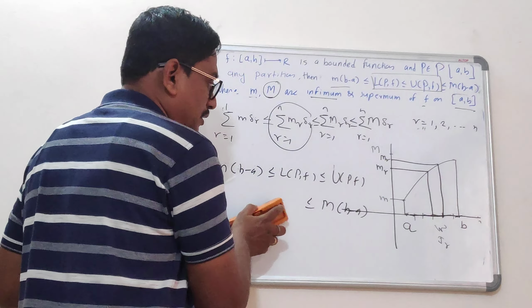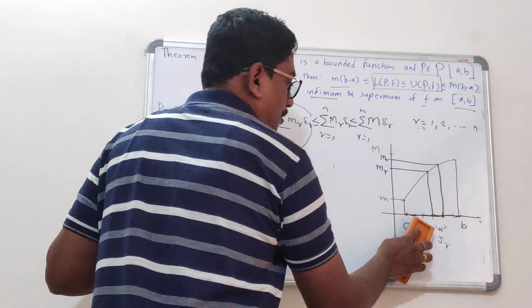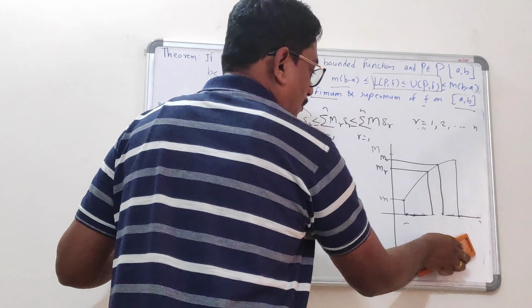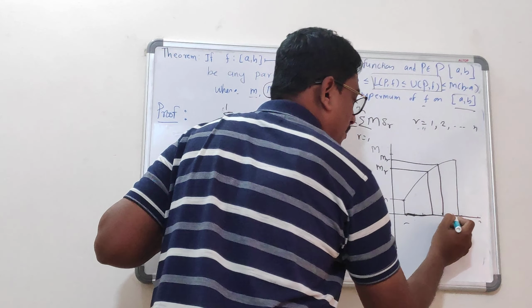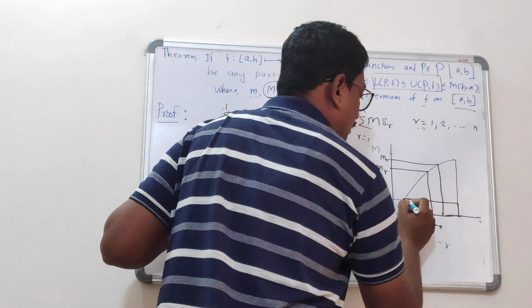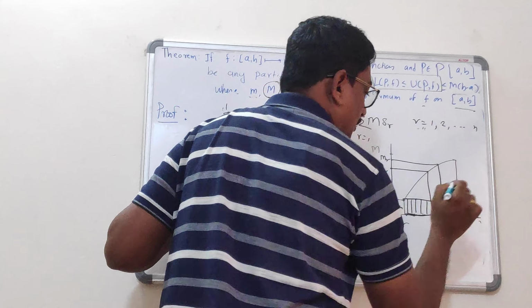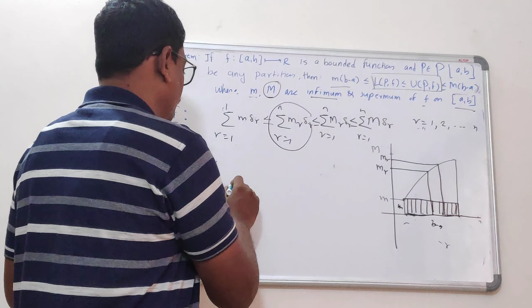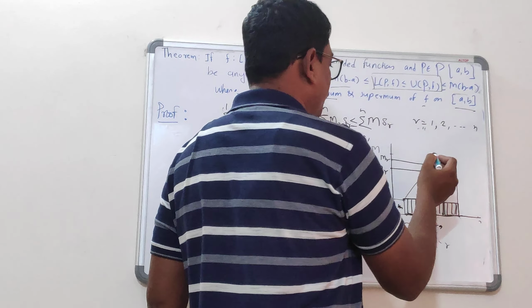Geometrically we will discuss in the same figure. Try to understand this proof geometrically. Now what is m into b minus a? This length is b minus a and this height is m. So this is the area of this rectangle, that is m into b minus a. Next, capital M into b minus a.